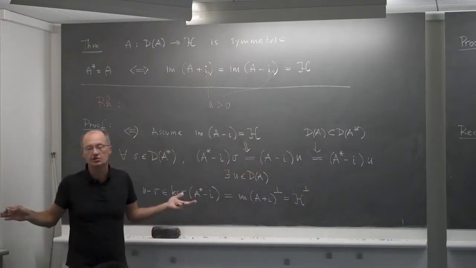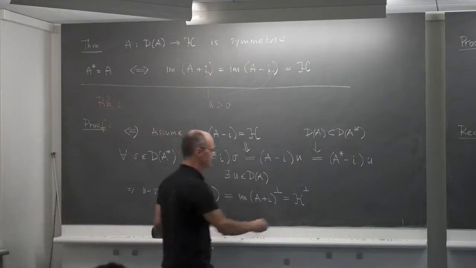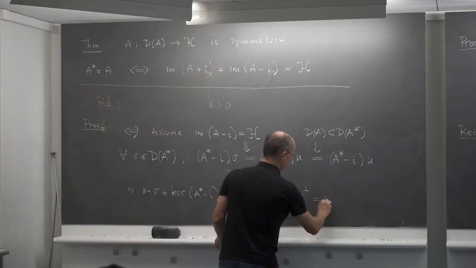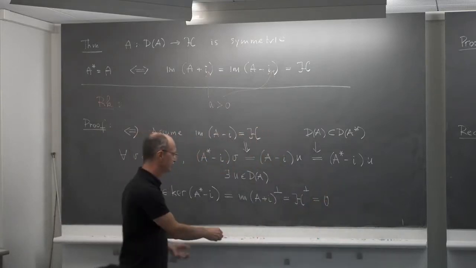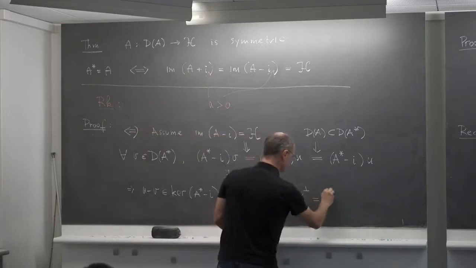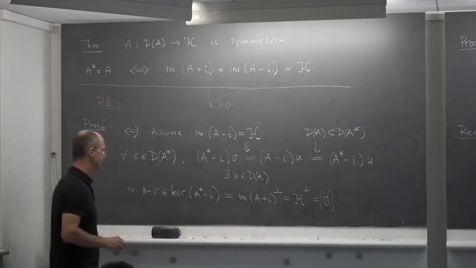But H orthogonal is 0. There is nothing there, right? So this is 0.